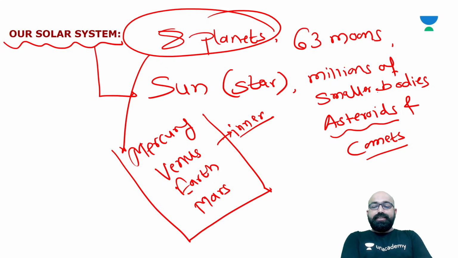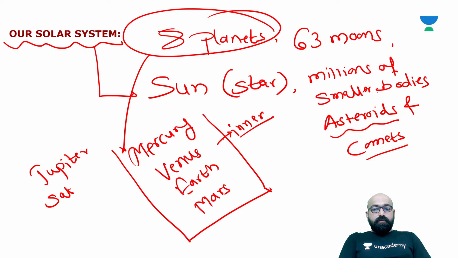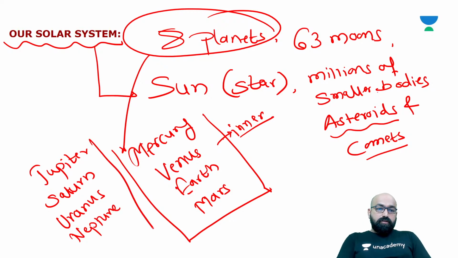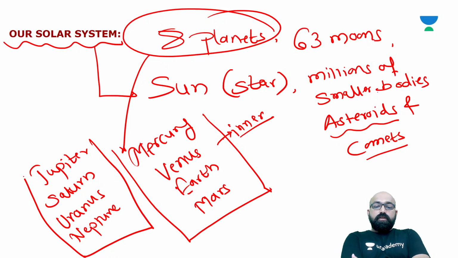So the outer planets are Jupiter, Saturn, Uranus, and Neptune.